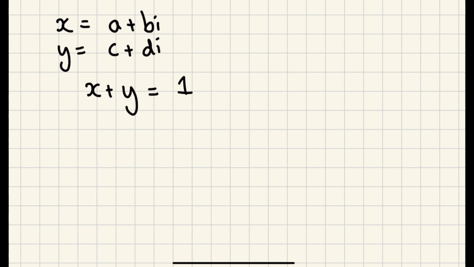So what does this tell us? Well, 1 is a real number. So what it means is that the two imaginary parts of x and y must in fact be negatives of each other. So now we know that x must be a plus bi and y must be c minus bi.